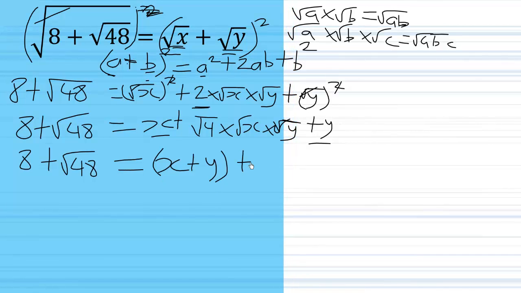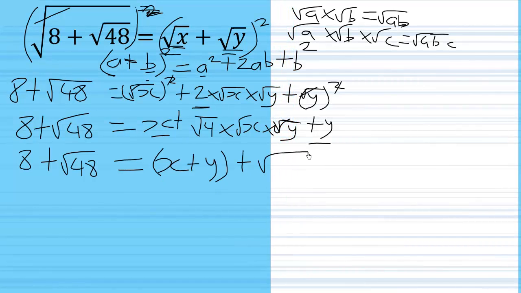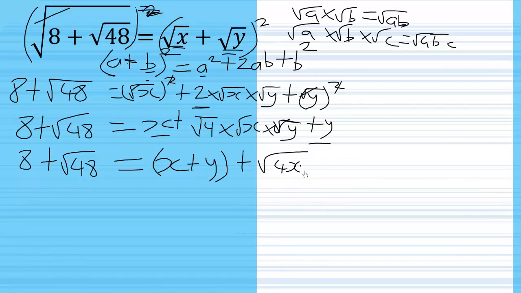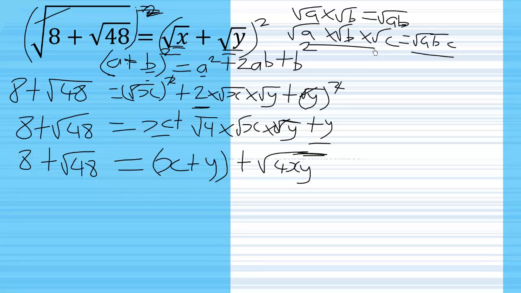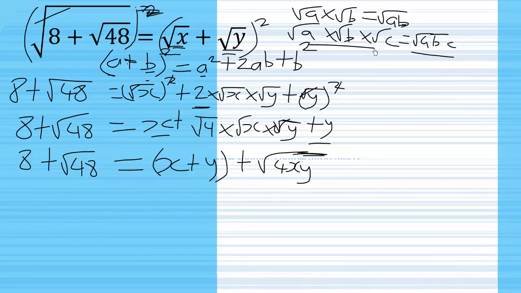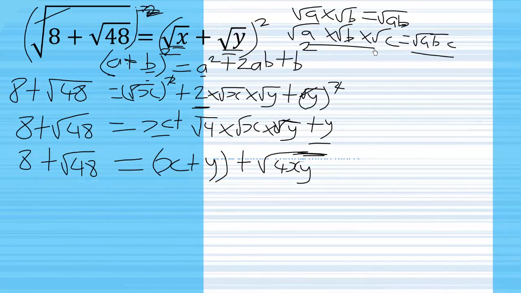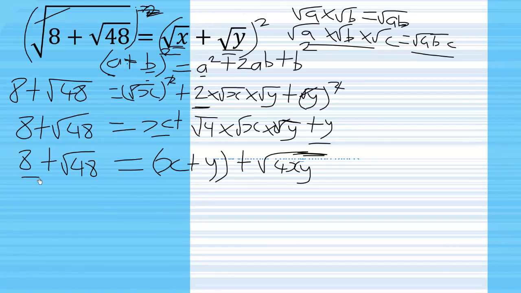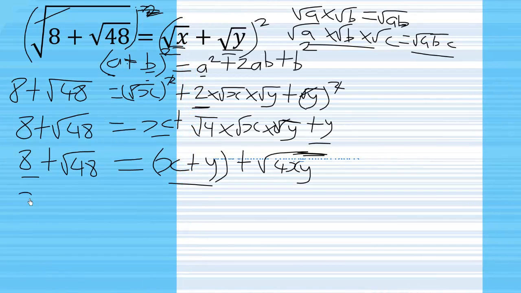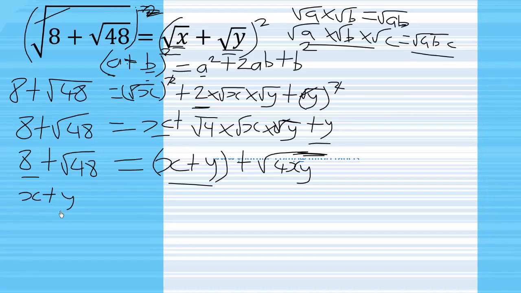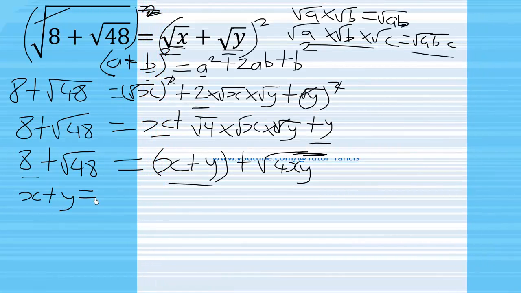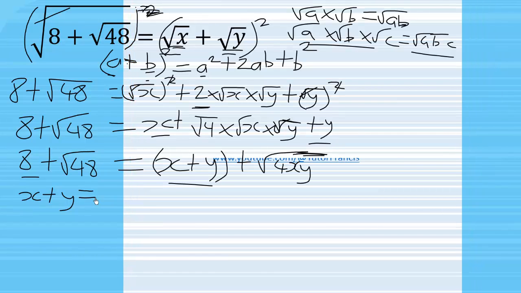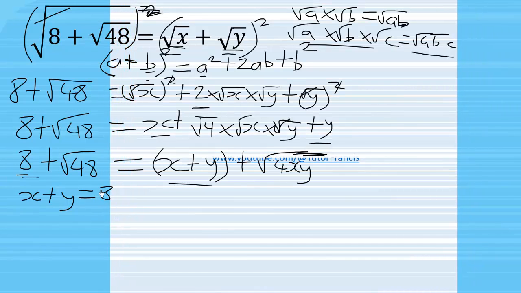Then we have square root of 4xy using this property of square roots. Now we can compare this to this. That will give us x plus y is equal to 8.